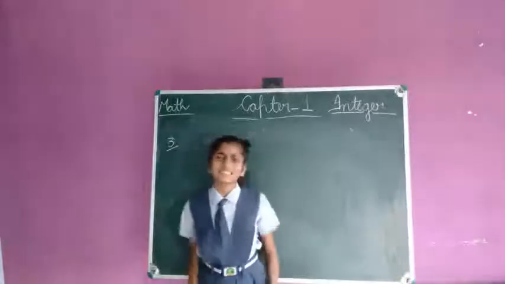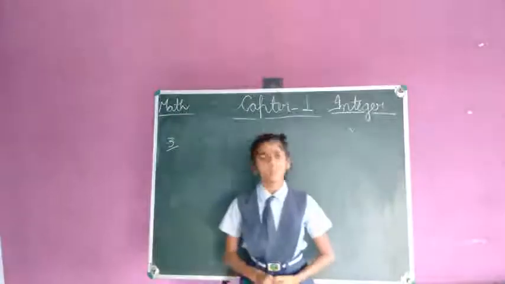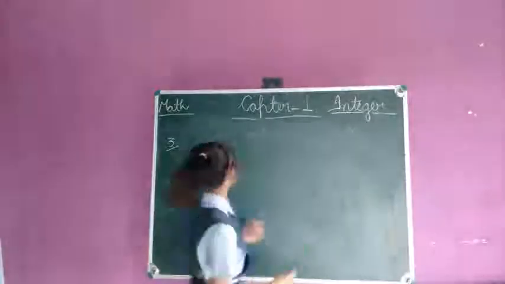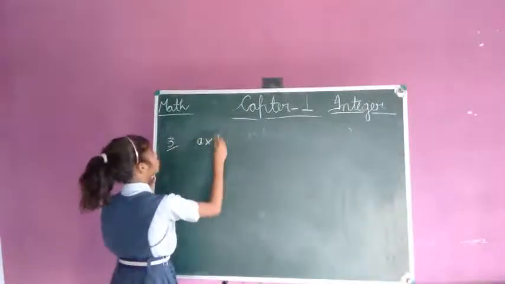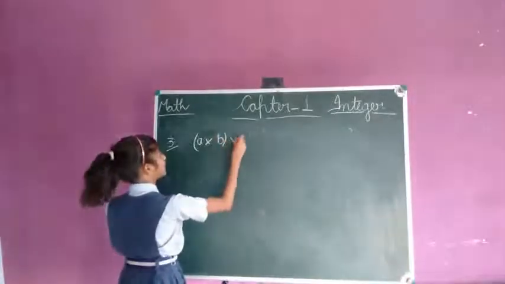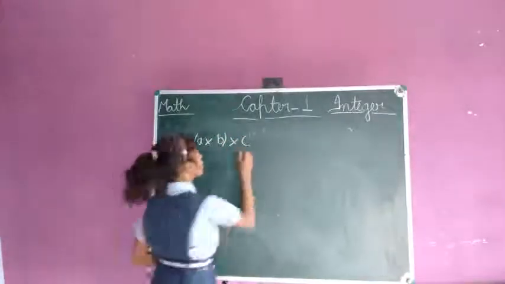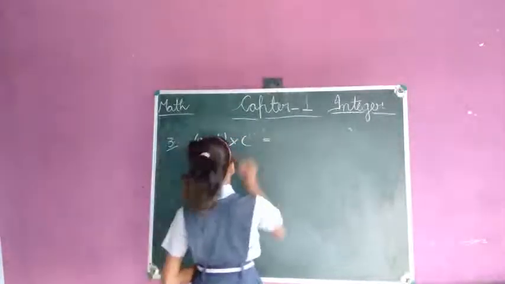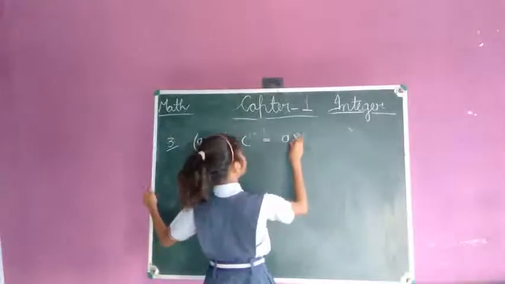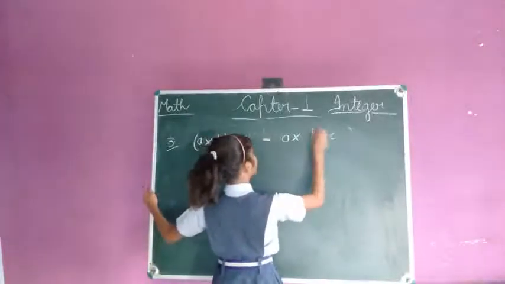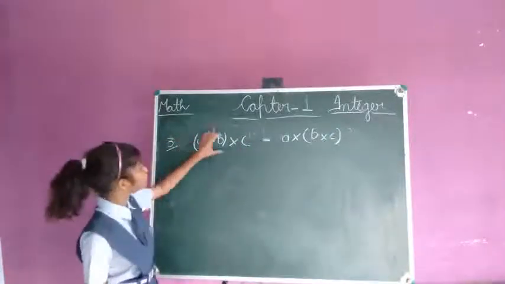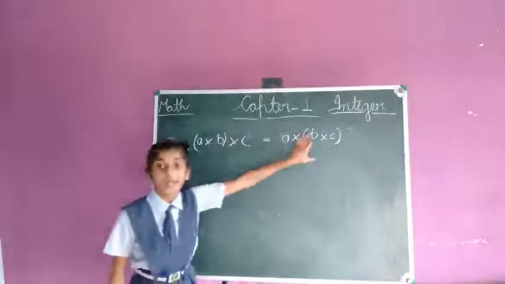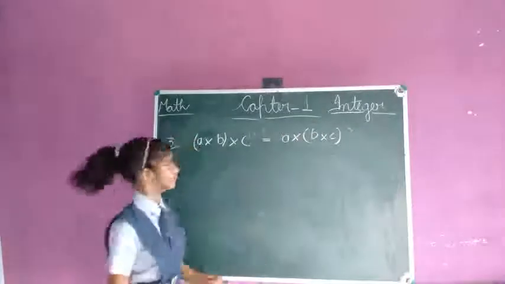It is very simple, friends. If A, B, C are any 3 integers, then A into B into C equals A into B into C.